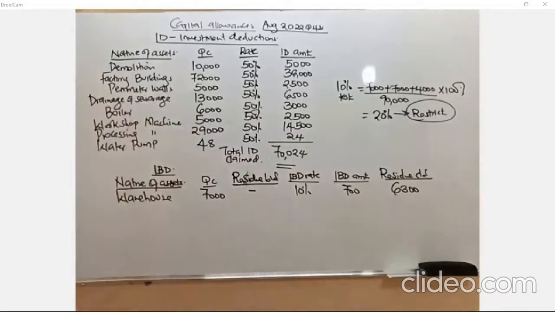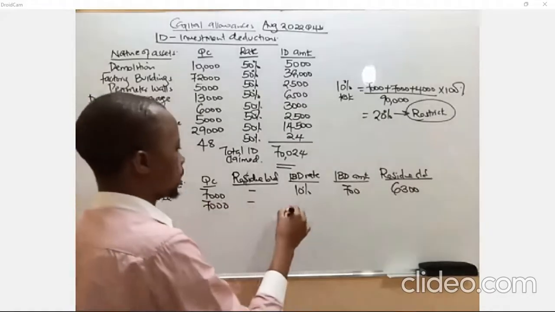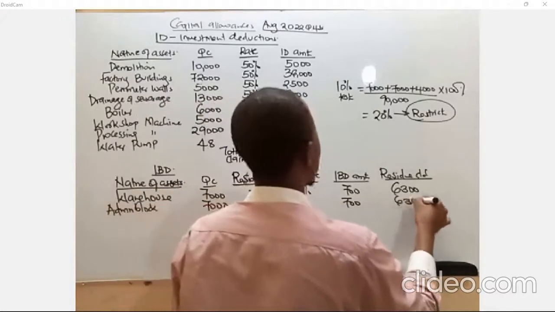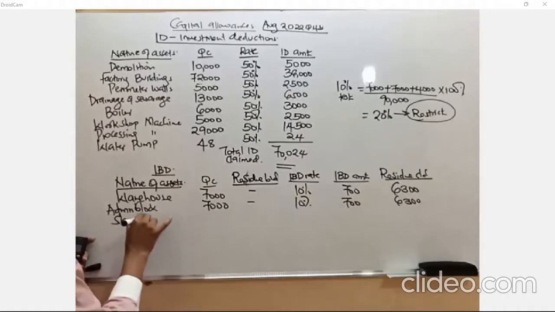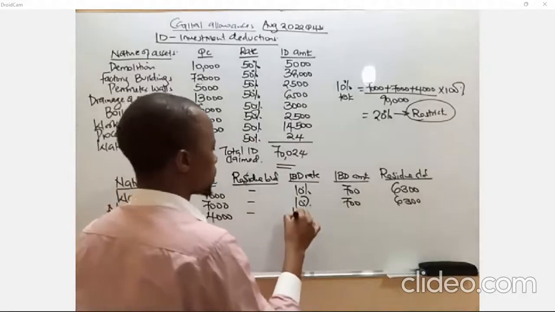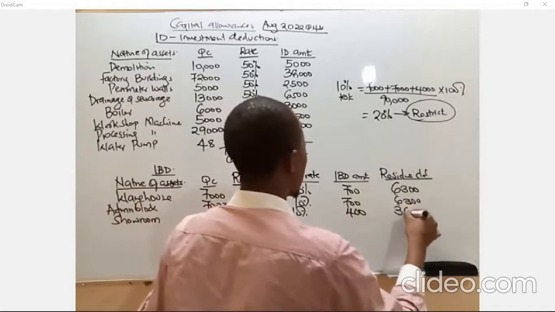Next, we have admin block. You have admin block for the same amount, 7,000 there. We don't have this, 10%, getting 700, 6,300. From there, we have things like showroom. So the showroom, 4,000 dash 10%, 400, 3,600.